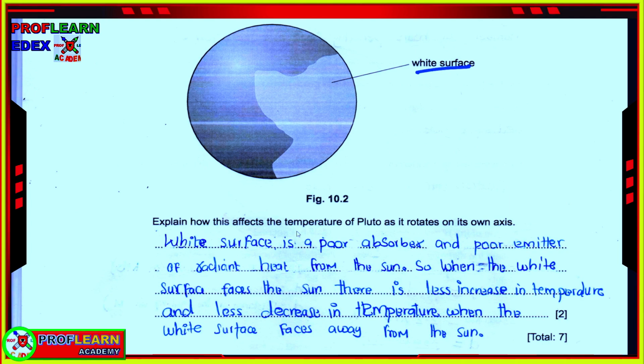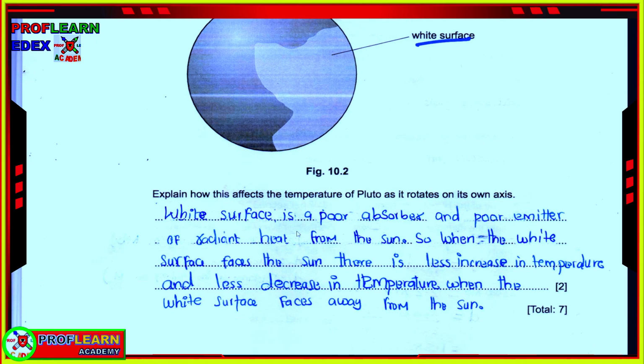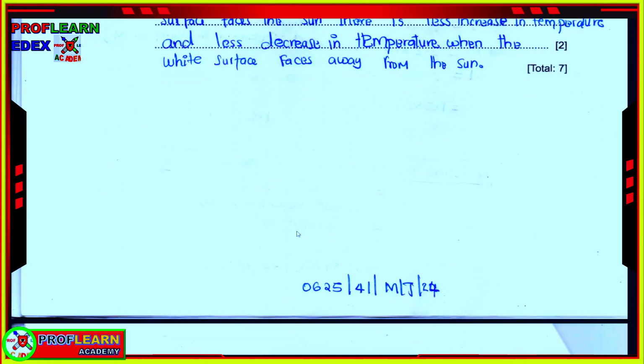Remember, the white surface I've mentioned is a poor absorber and a poor emitter. So when it's facing the sun, temperature will take time to increase, but when it's facing the other side, temperature will take a longer time to decrease, because white surfaces don't lose heat easily.